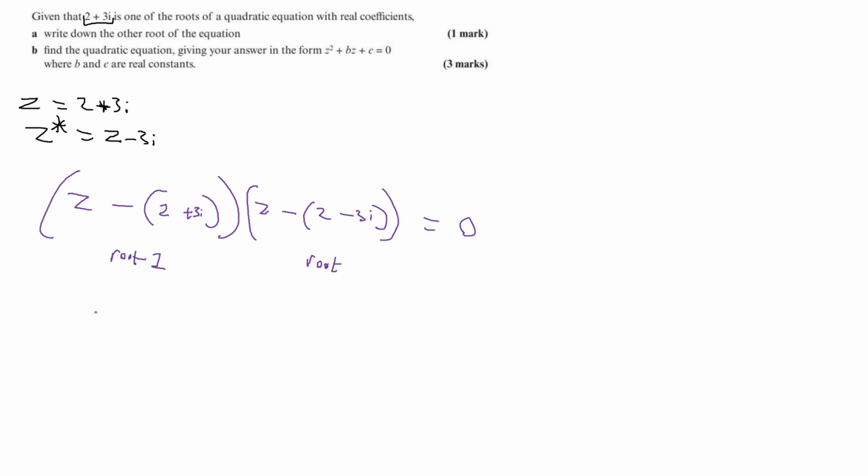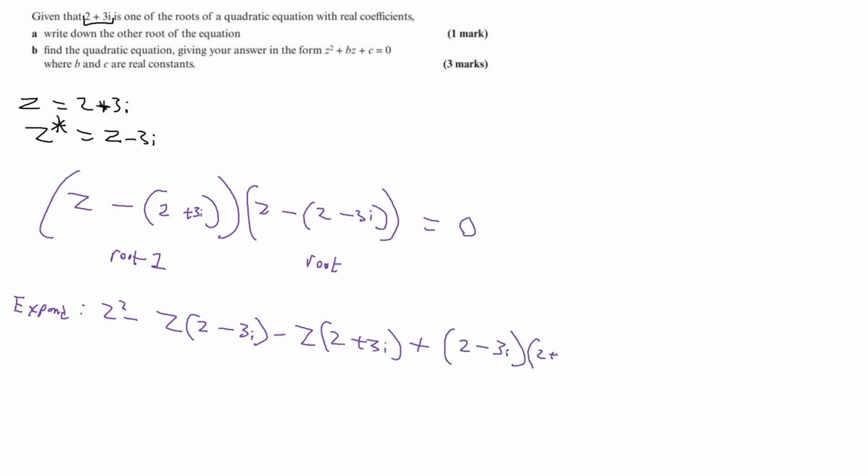So now all we need to do is expand. When we expand, we get z squared minus z times (2 minus 3i) minus z times (2 plus 3i), and then the difference of 2 squares: plus (2 minus 3i)(2 plus 3i).